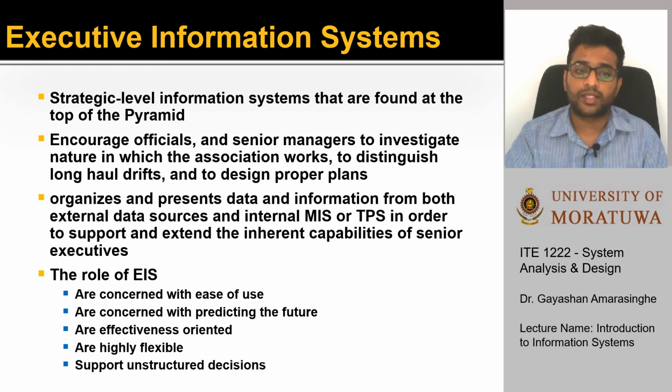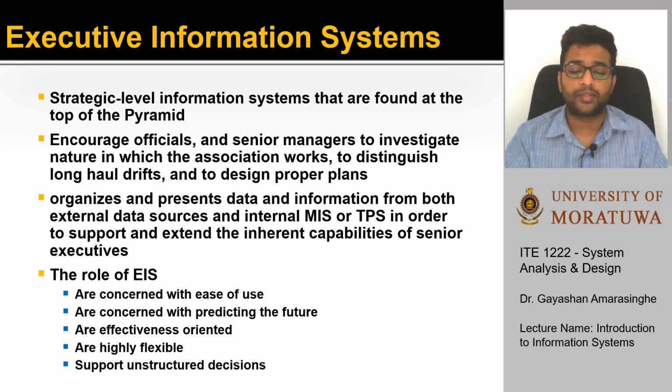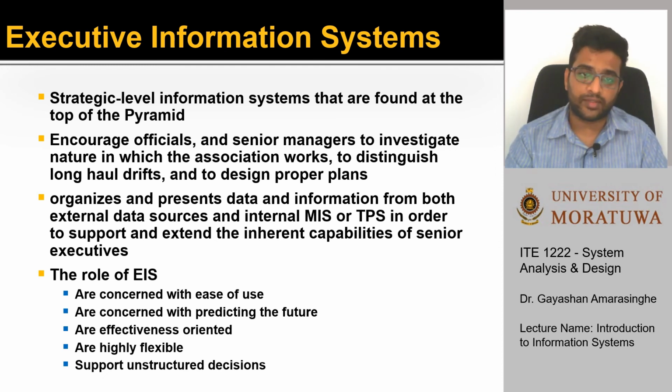These systems are also concerned with predicting the future. They are looking at previous data, present data, and using other external data sources as well, and based on all this information, they are designed to predict the future or help predict the future. They are effectiveness oriented. So these systems are designed to be effective, and they are affecting the effectiveness of the overall organization as well.